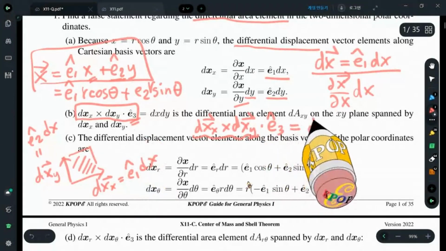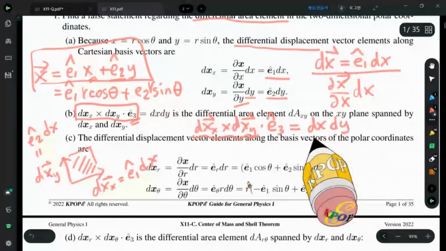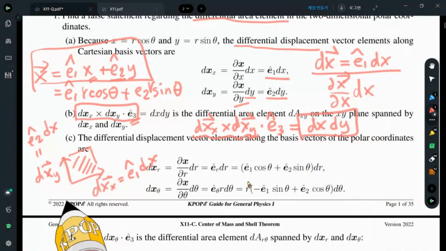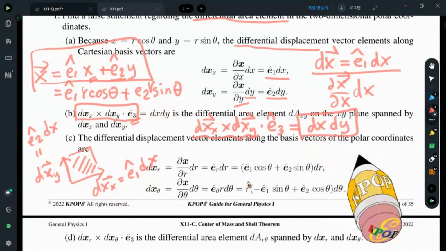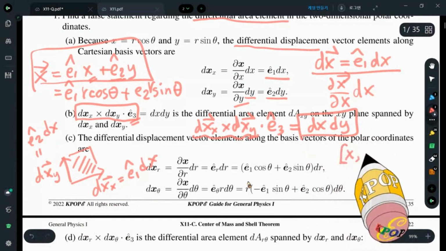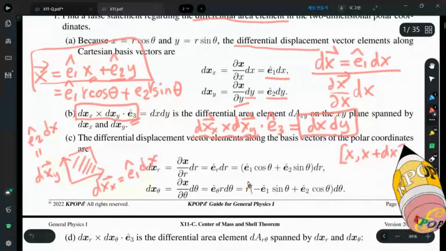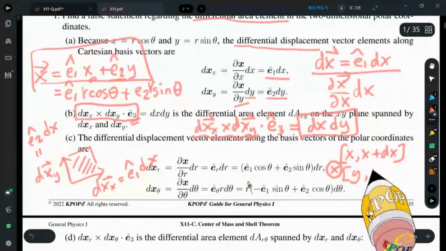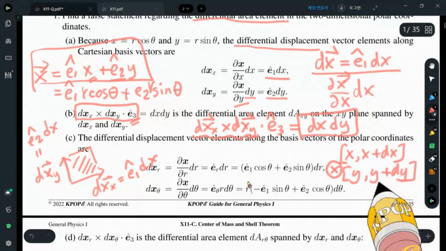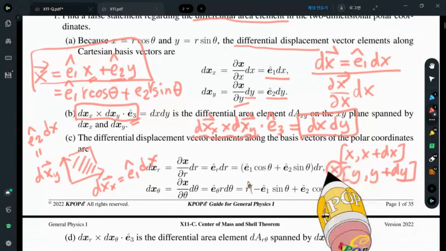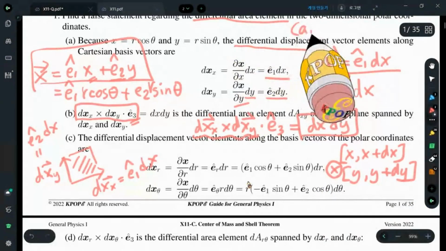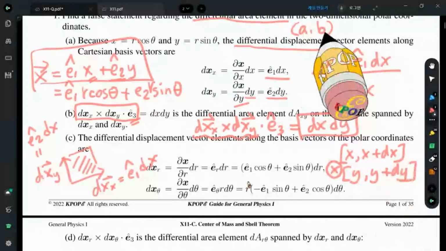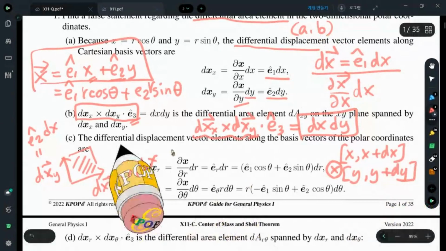Then the final result is simply dx dy. That is the area on the xy plane with the region x from x to x plus dx and direct product of y from y to y plus dy. Here the direct product means the combination of a, b in the range. Okay.